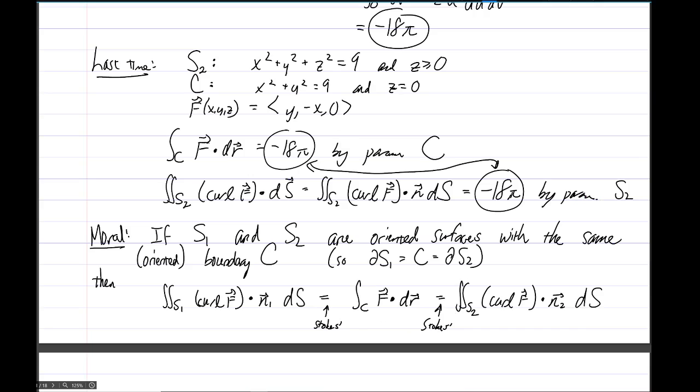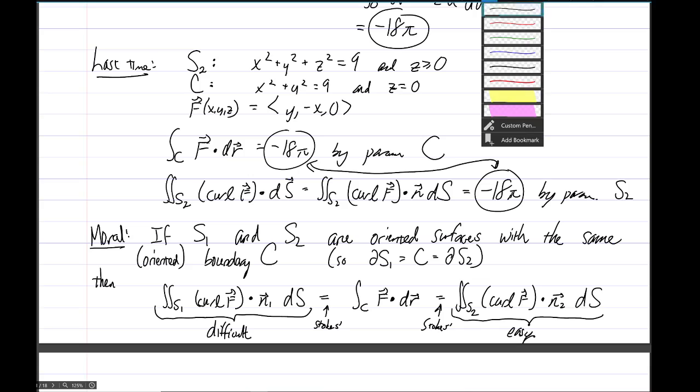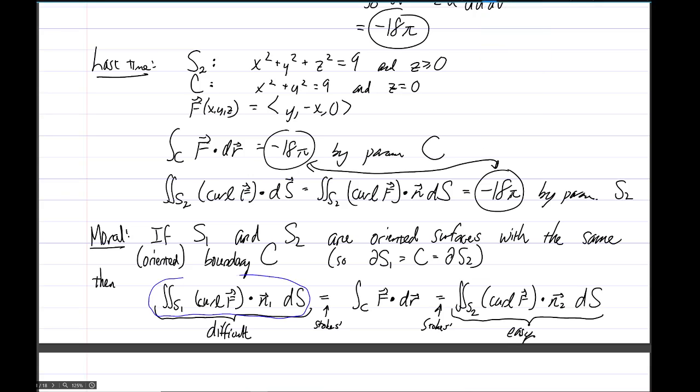But why would you ever do this? Well, you can run into situations where this part here might be challenging, difficult, or could be done but would be annoying, and then maybe this problem here might be easy. In what we were dealing with here, the difficult integral is the one from yesterday, where we had to parameterize the top half of the surface of a sphere.